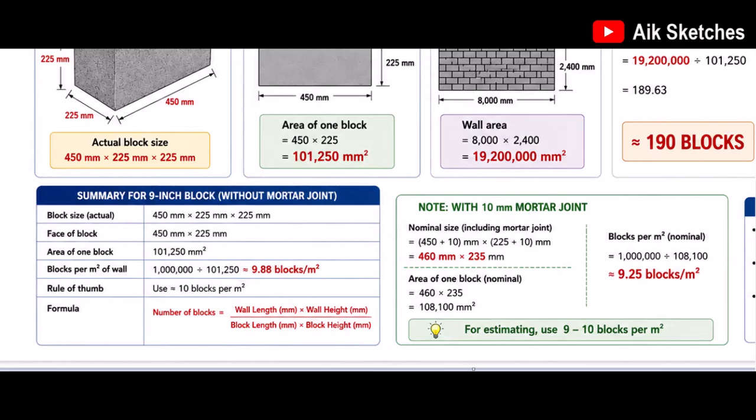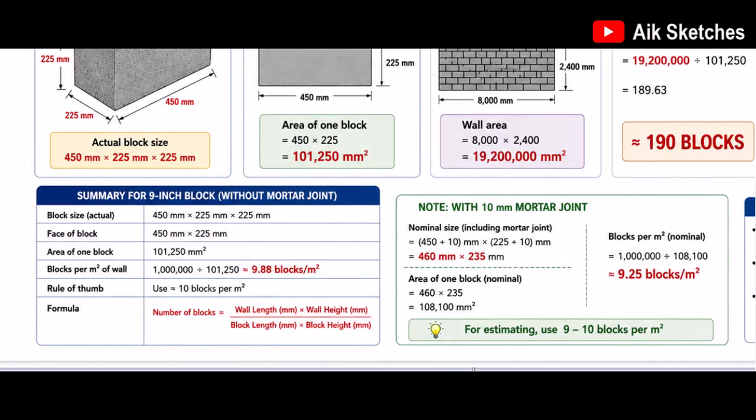Rule of thumb, use 10 blocks per meter squared of a wall. To reiterate what we mentioned earlier, the formula for calculating the number of blocks is wall length times wall height divided by block length times block height.